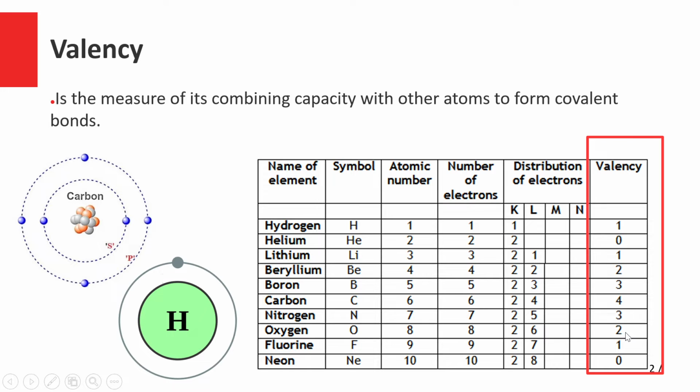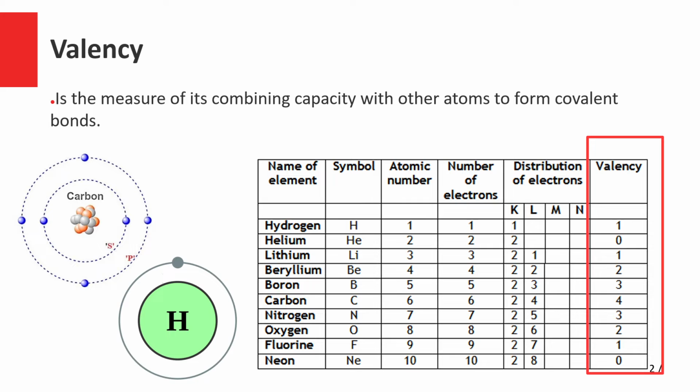Oxygen, the valency is 2. Fluorine, the valency is 1. And carbon, which is one of the most, if not the most important atom in biomolecules, has a valency of 4.